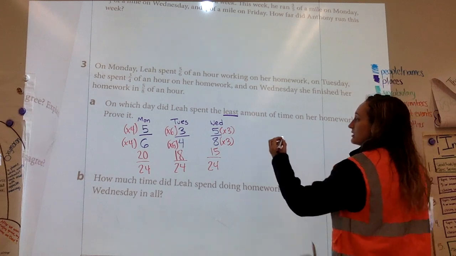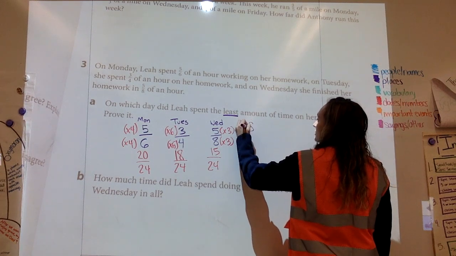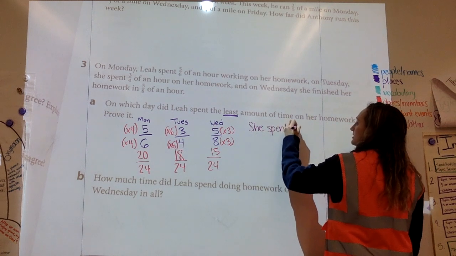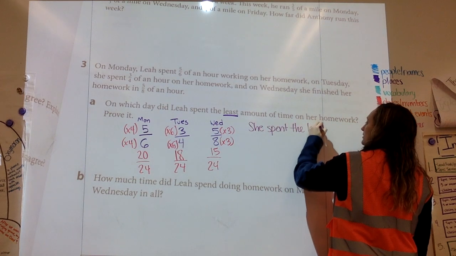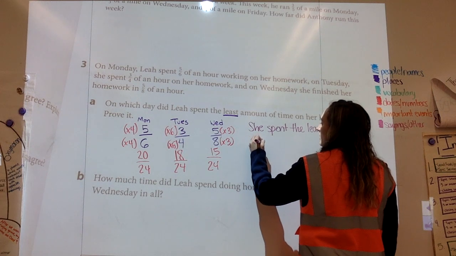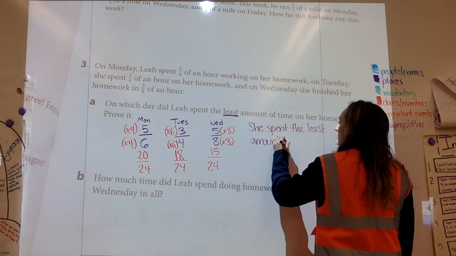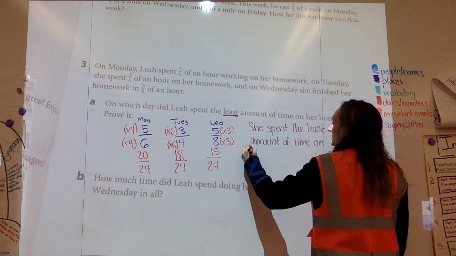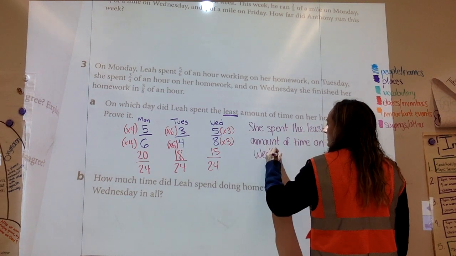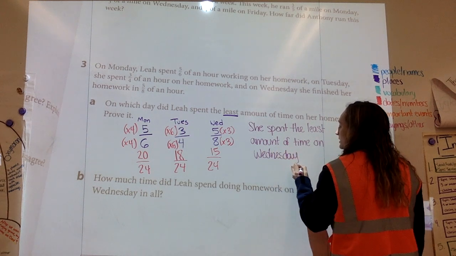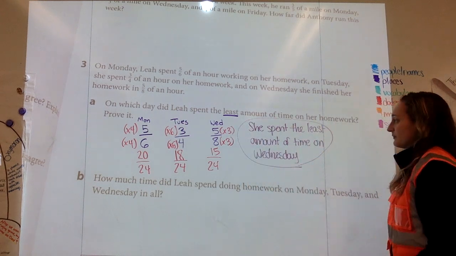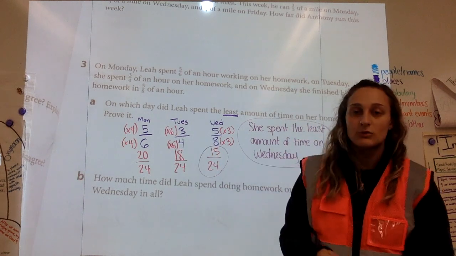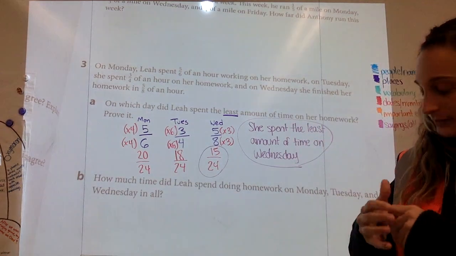So now all I need to do is write she spent the least amount of time on Wednesday. Circle it. If you want, you can circle the number, right? This is the least because the numerator is the smallest number.